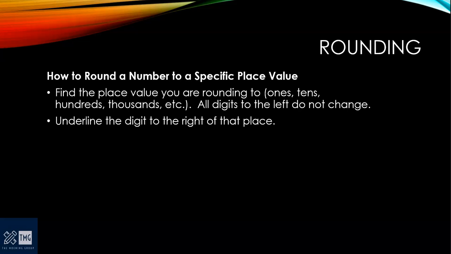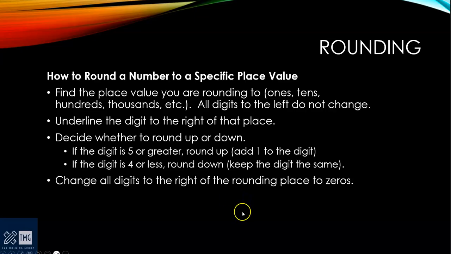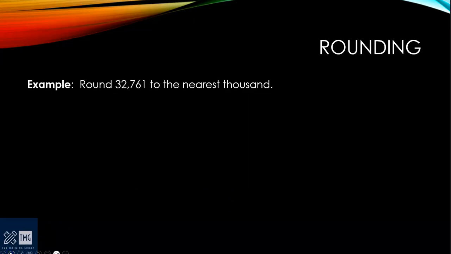That is the digit that is going to determine whether we round up or down. If that digit we just underlined is 5 or greater, we're going to round up. If the digit is 4 or less, we round down, and rounding down simply means the digit doesn't change. After that, all of the digits to the right of that rounding place value become zeros.